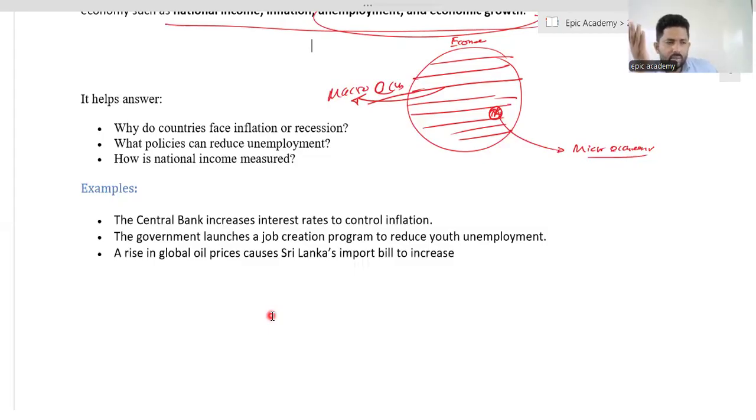Because of the pirates, there are threats to international transactions and navigation. So they have to demand security, and they have to pay for security purposes also. Then what happened to the transaction cost? It increased.